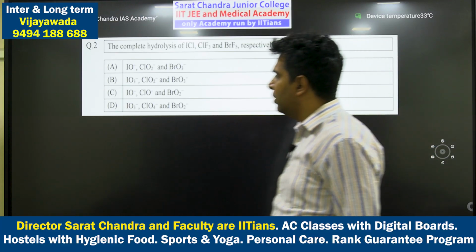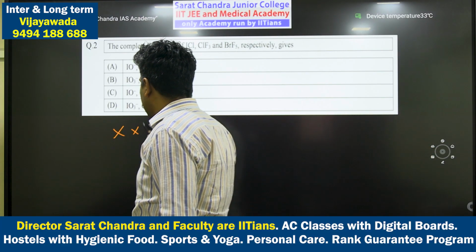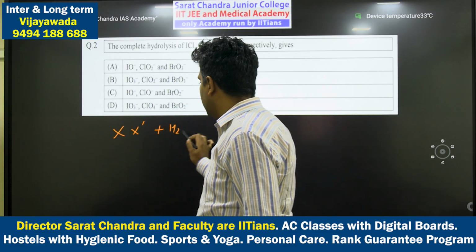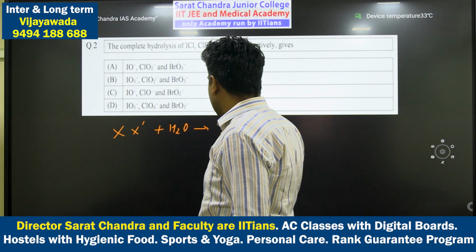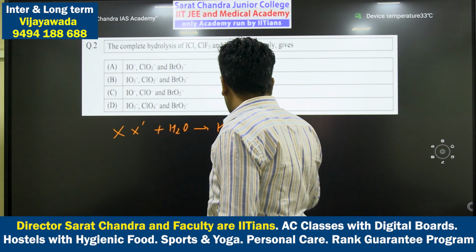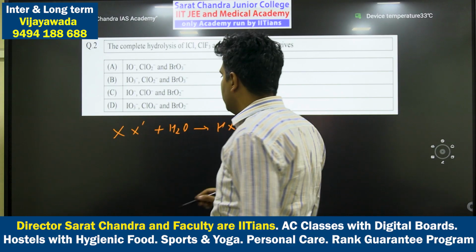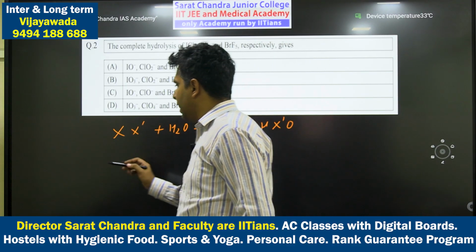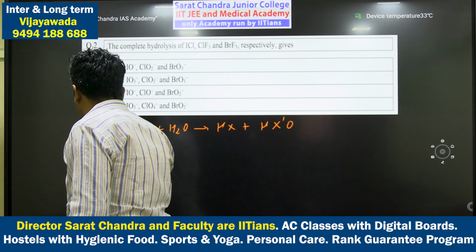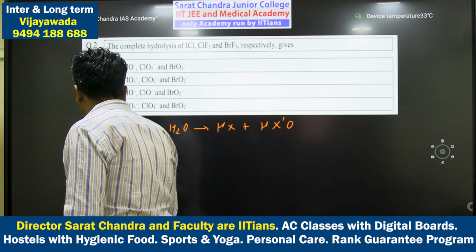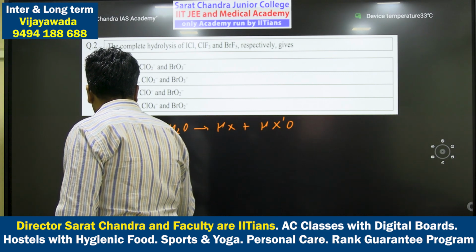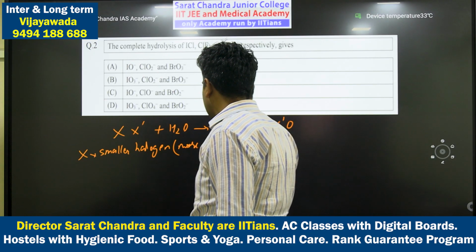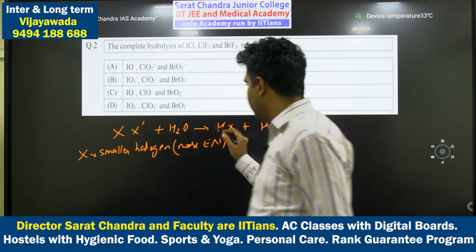So if an interhalogen compound XX' is undergoing hydrolysis, the products formed will be HX plus HX'O. Suppose X is the smaller halogen, so there are 2 halogens over here. The smaller halogen will be the more electronegative element, and the more electronegative halogen will be at the negative oxidation state.